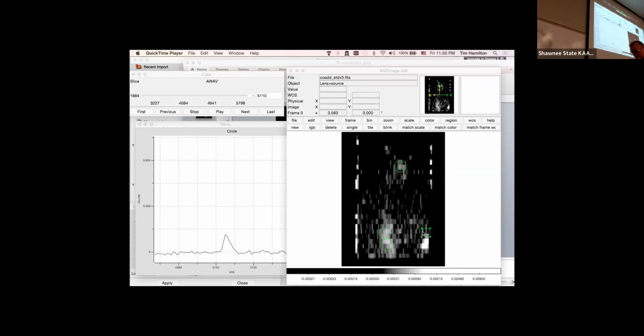But as I move the region, this is in the DS9 imaging program, from the top to the bottom of that blob, you'll see the spectral line shifted over here well into the 5100 angstroms. You'll see that spectral line shift red to blue and back, or the other way around.